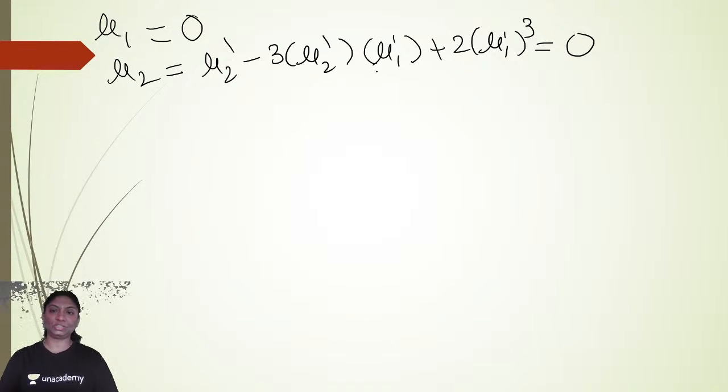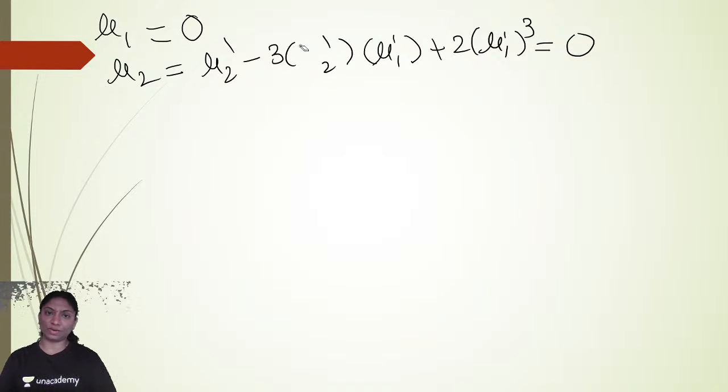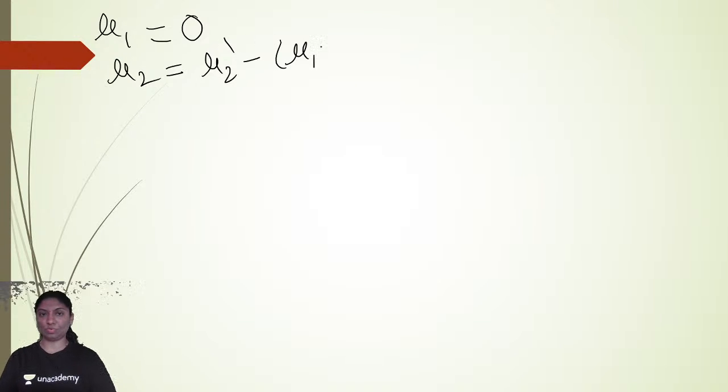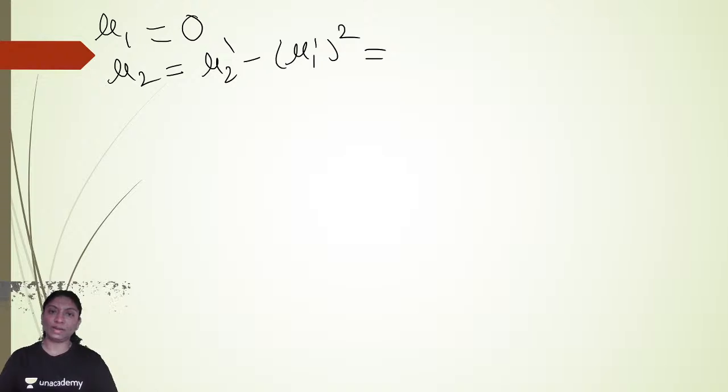Sorry, I'm sorry, this value is mu2 is equal to mu2 dash minus mu1 dash square. So mu2 is 2 minus mu1 dash, means 2 minus 0 equal to 2.